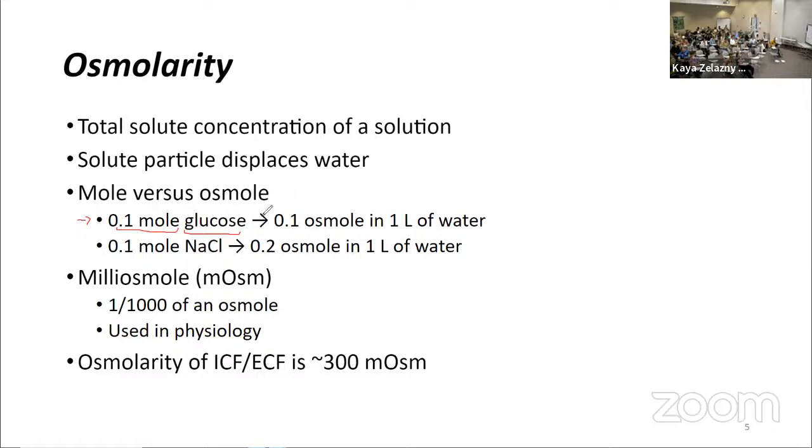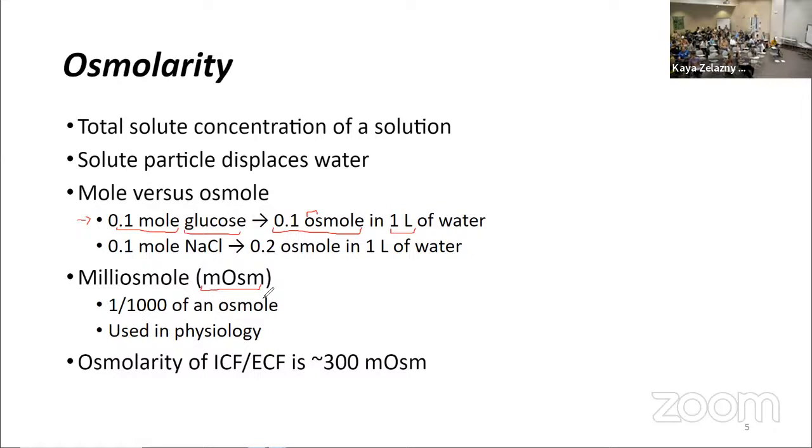This is going to correspond to 0.1 osmoles, right? So the os is telling you we're thinking about osmosis, we're thinking about the relationship to water. So within that, it's 0.1 osmoles in 1 liter of water. This might immediately trigger in your mind why we give these numbers in milliosmoles instead, so we don't have to work with too many decimals, right?